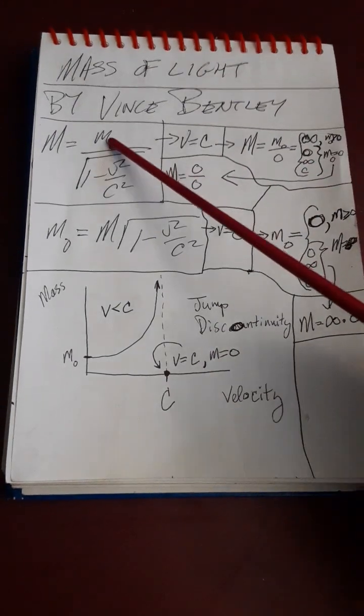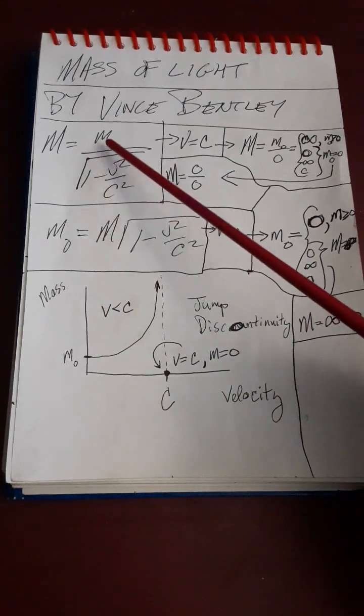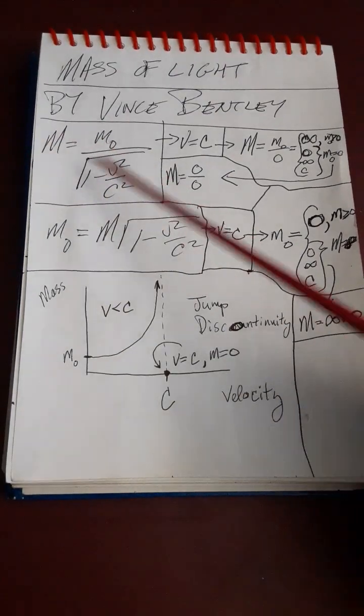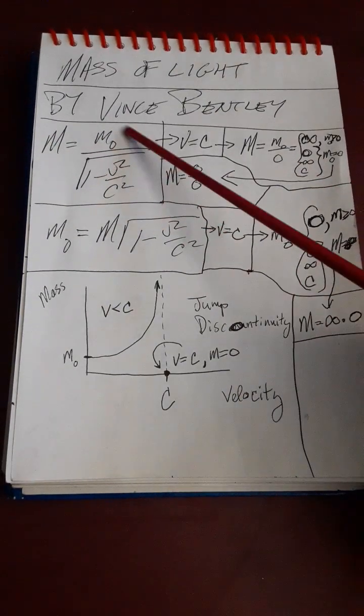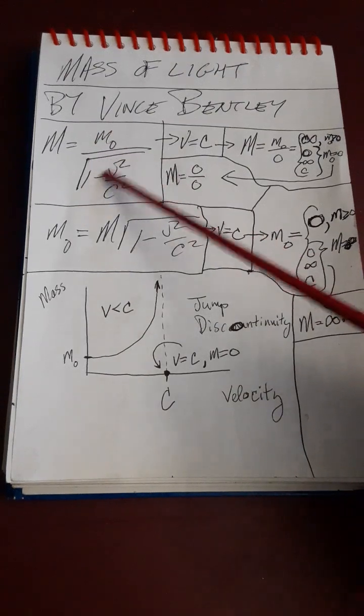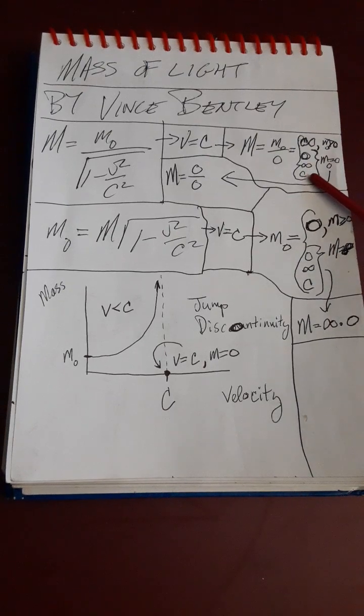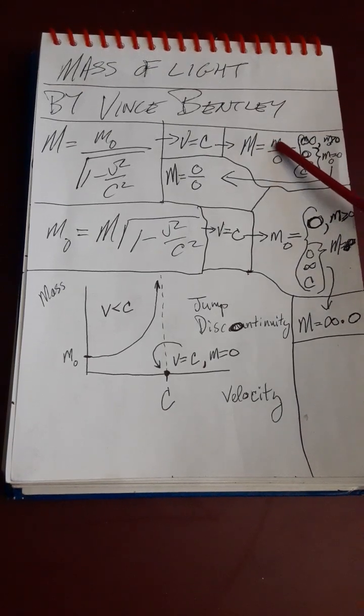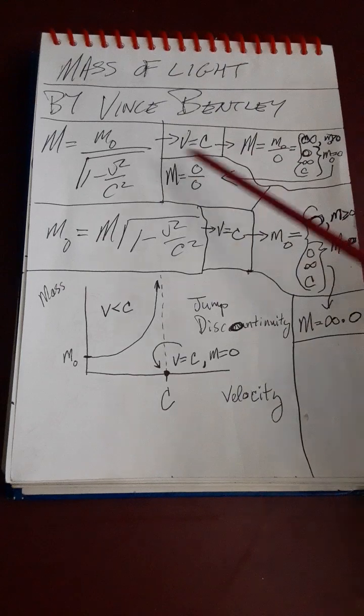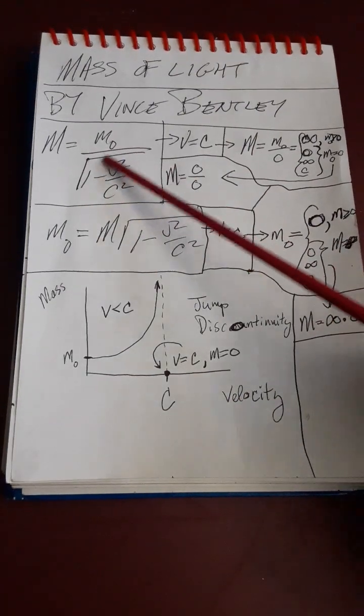If m sub 0 is equal to 0, this mass could come out to be infinity, which is kind of what happens over here also. And if m sub 0 is equal to 0, this could actually come out to be some constant. Okay?